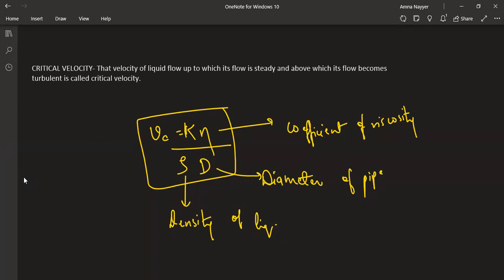So what is critical velocity? This is a certain value of velocity. Up to it, steady flow of the liquid will be there. Once this is crossed, the flow becomes turbulent.